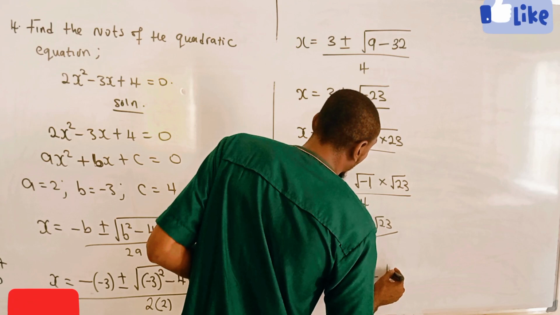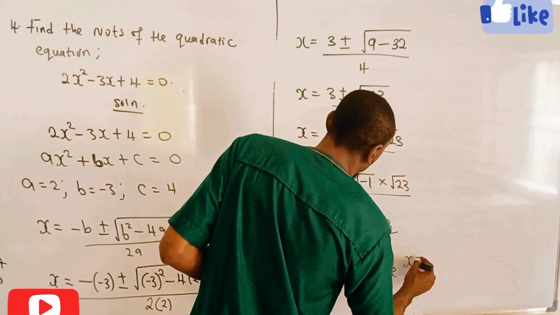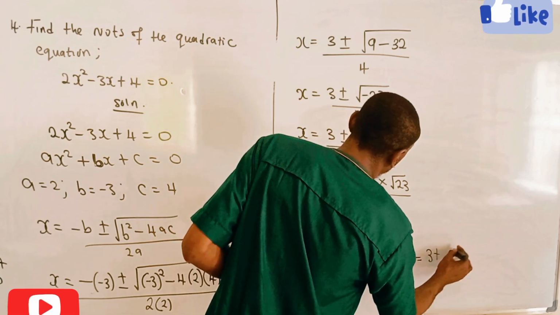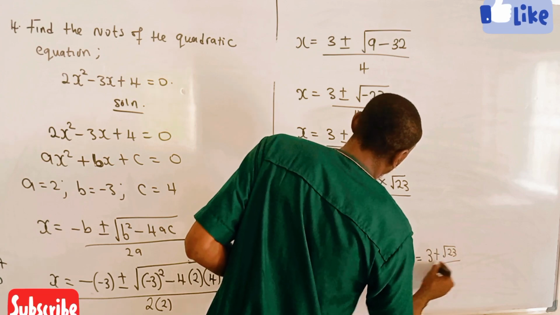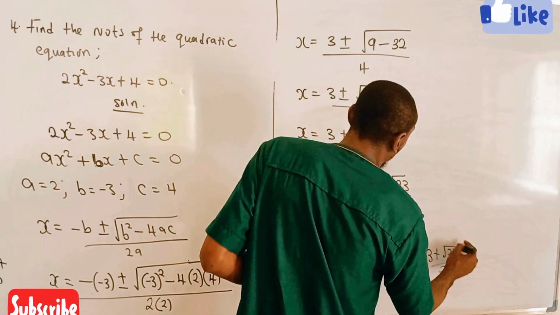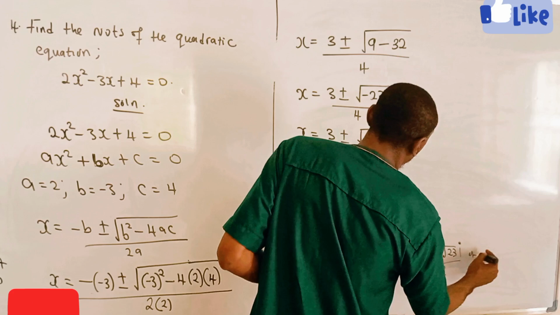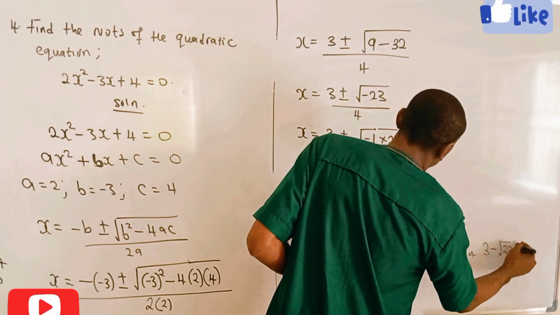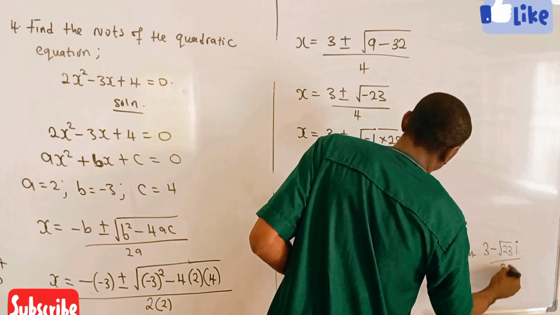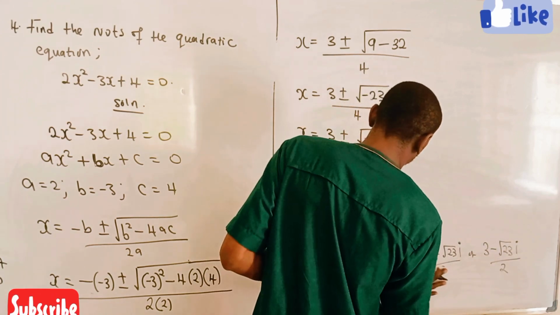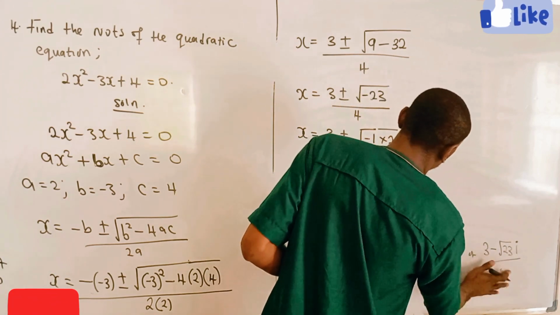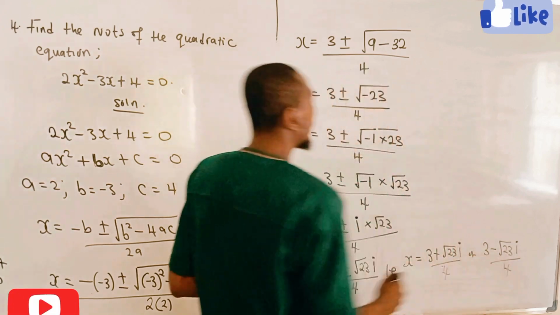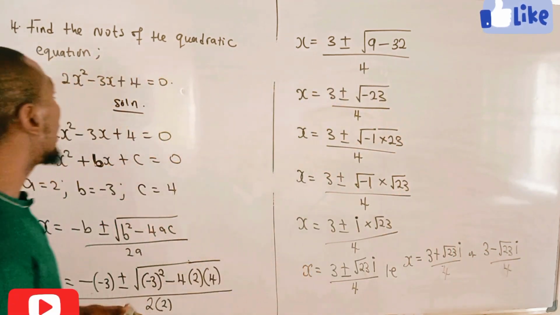That is, we can say x is equal to 3 plus surd 23 i, or 3 minus surd 23 i, all over 4. So that eventually becomes the final answer.